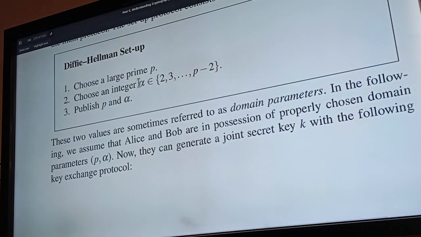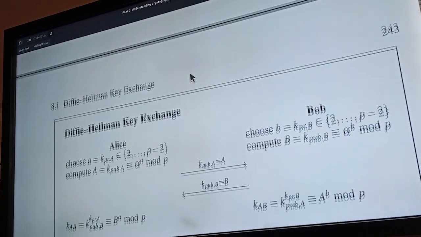So these parameters, alpha and the prime. It's also important to note that alpha is a concept of generator which is picked from 2 through p minus 2. So let's now move down to how the algorithm works.